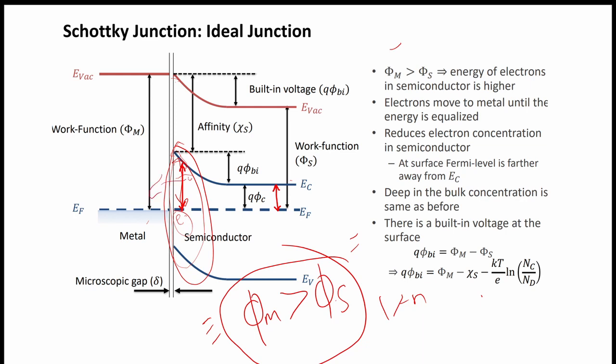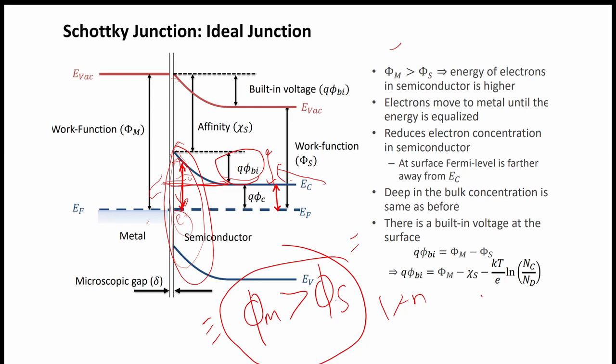Another thing that we have seen in the PN junction was the built-in potential. This extent of bending is nothing but the built-in potential when a semiconductor-metal junction forms. This is the qVbi.